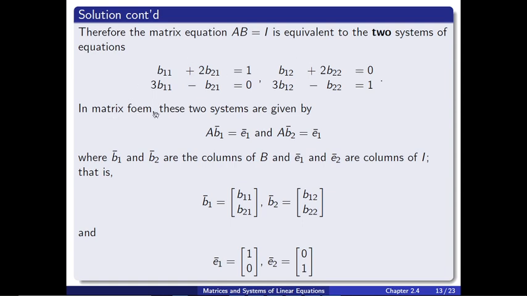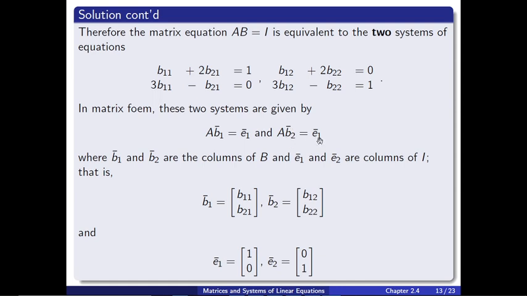In matrix form, these two equations are given by A times B1 is equal to E1, and A times B2 is equal to E2.